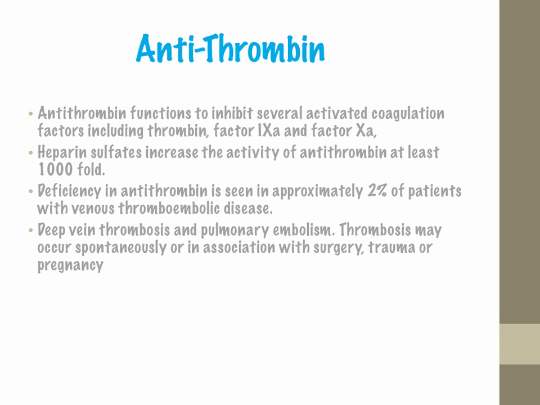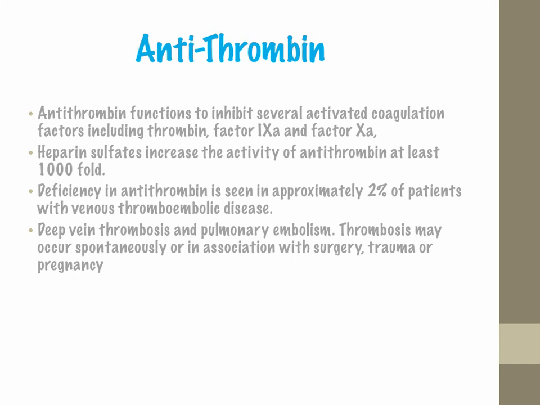So antithrombin functions to inhibit several activated coagulation factors, including thrombin, factor 9A and factor 10A, and heparin sulfates increase the activity of antithrombin at least 1,000-fold. So a deficiency in antithrombin is seen in approximately 2% of patients who have a venous thromboembolic disease, deep vein thrombosis and pulmonary embolism. The thrombosis may occur spontaneously or in association with surgery, trauma, or pregnancy.